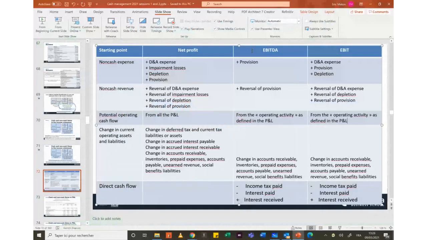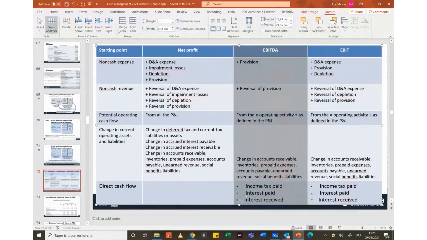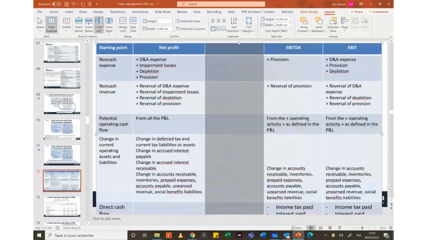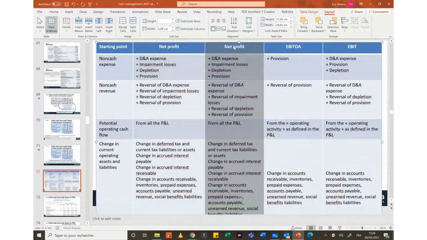So I will add one column, insert a column. I take the same as this one. But now we start with the profit before tax. In this case, I have the impact from all the P&L excluding income tax.